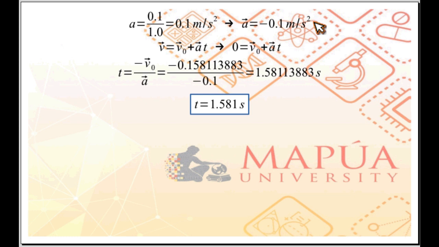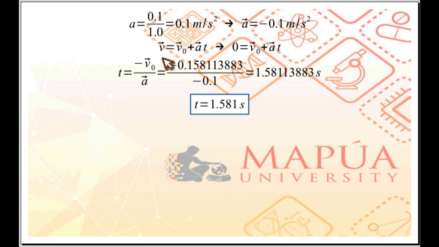You have an accelerating system, constant at acceleration a, constant at negative 0.1 meters per second squared. You have uniform acceleration. For uniform acceleration, you have 4 equations to choose from.